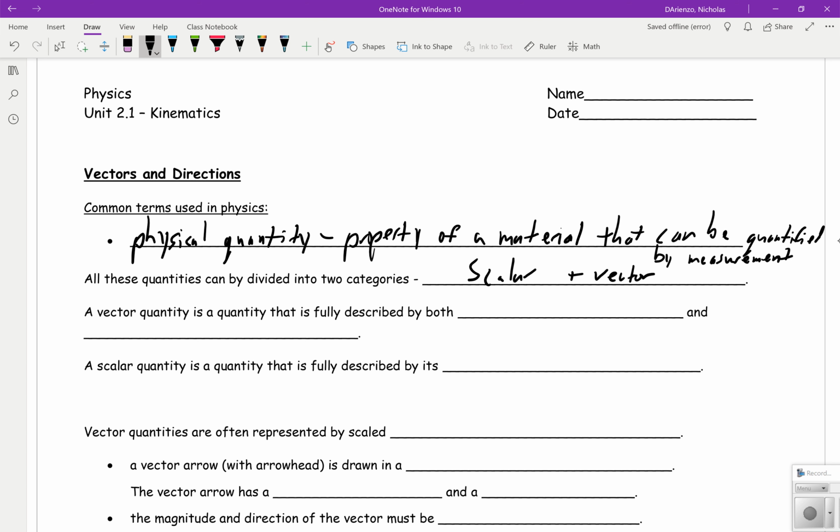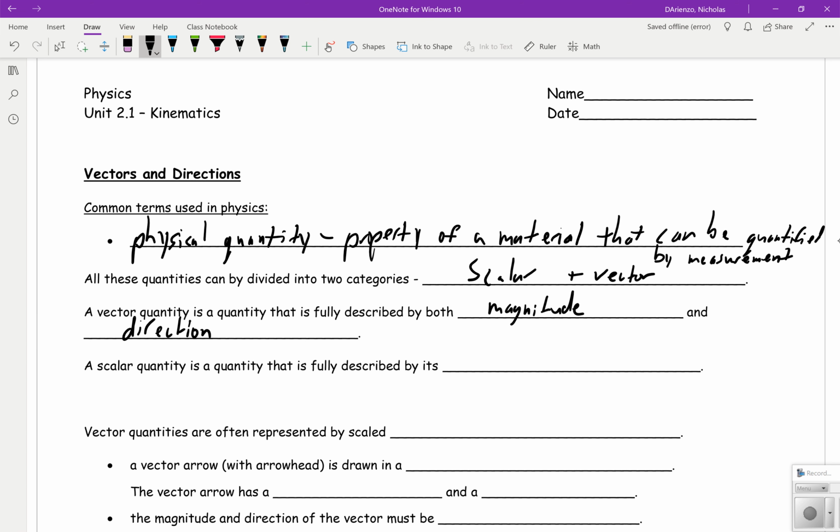A vector quantity is a quantity that is fully described. We describe a vector quantity fully and completely by its magnitude, which really is the size of the number, how big or small the number is, and its direction.